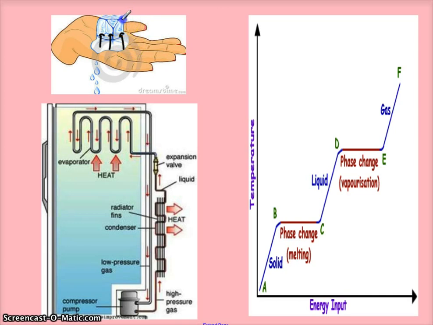You have two different temperatures, warm with the hand, cold with this. Even though you can't transfer the cold to the hand, you can still use this same type of setup to put the cold where you want it. And that's exactly what happens in something like a refrigerator.